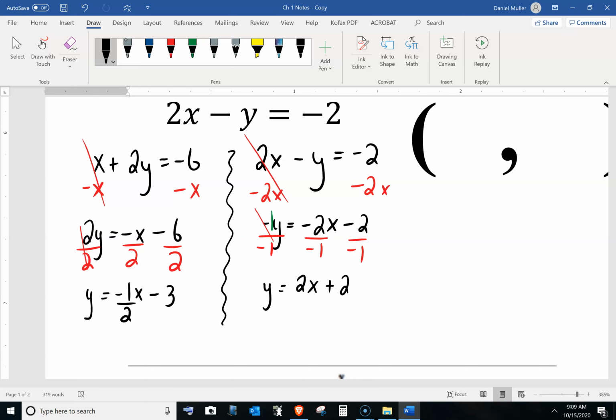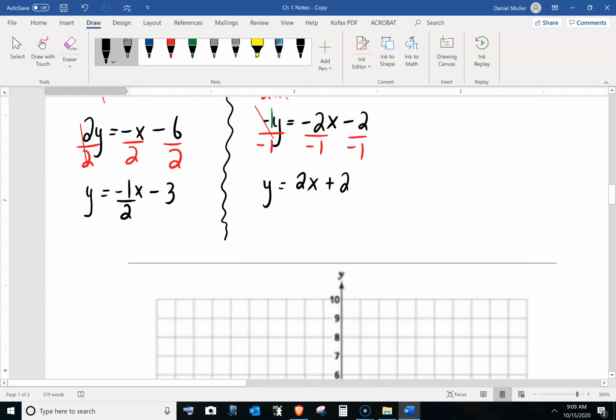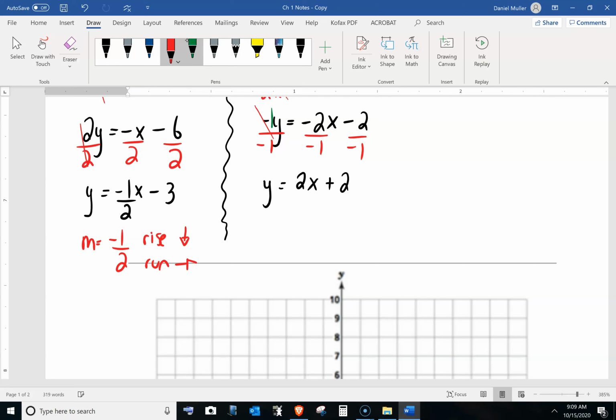And I can graph them. So let's start with the one on the left. My slope is negative 1 over 2. So that's my rise and my run. So I'm going to be rising 1, but it has to be down because it's negative. The 2 is positive, so that means I can go right.